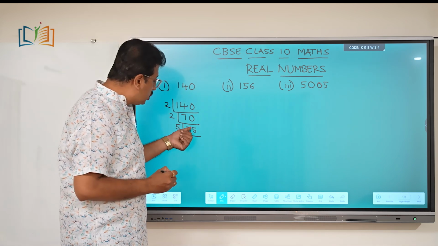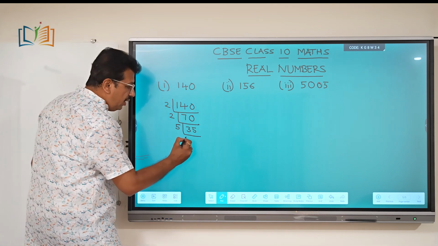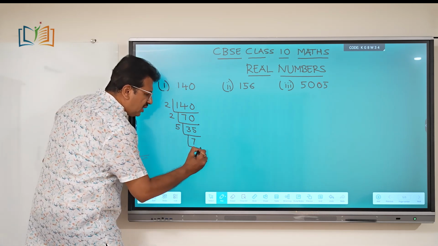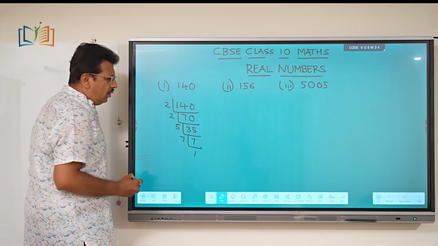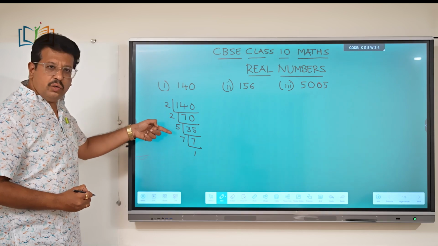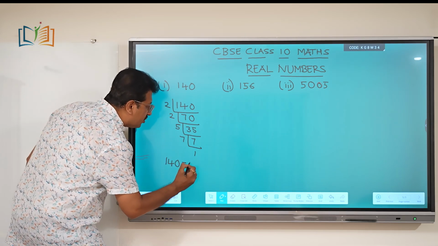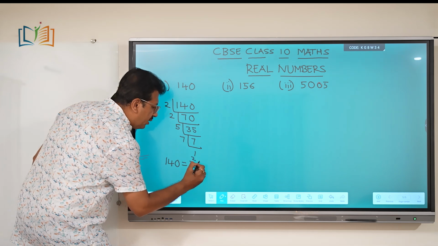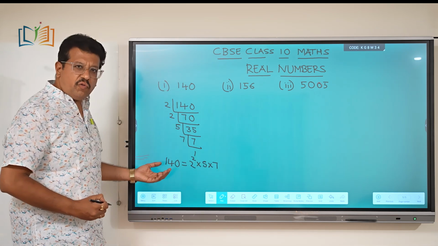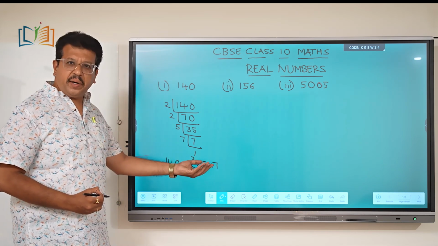Always when 5 comes in the units place, usually the number is divisible by 5. 5 sevens are 35 and 7 ones are 7. So you can see clearly that 140 is 2 into 2 into 5 into 7. So we can write 140 as 2 square into 5 into 7. It's again a product of primes. We are expressing 140 as a product of primes.